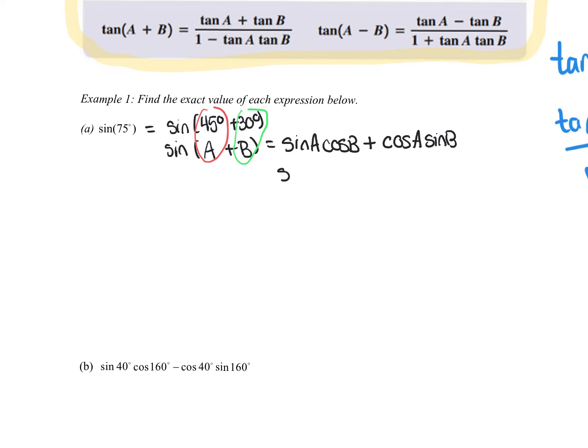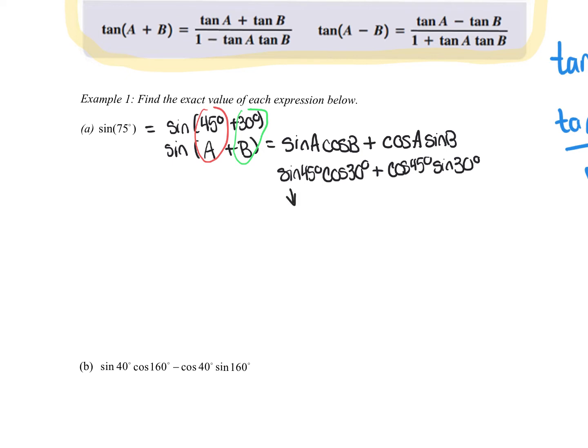So I'm going to have sine of 45 degrees cosine of 30 degrees plus cosine of 45 degrees sine of 30 degrees.